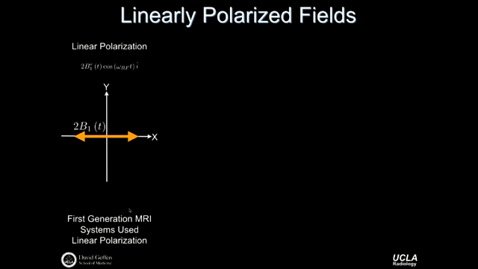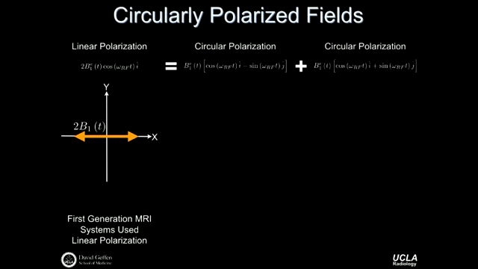It's not obvious at first, but let me show you what happens. You can actually generate 2 circularly polarized fields if you wanted to. We would define the first one as having the same envelope function, and it would be cosine omega t minus sine omega t. One component is along the I direction and one component is along the J direction, and that just means the total B1 field is rotating around the Z-axis and is projected somewhere into the IJ plane.